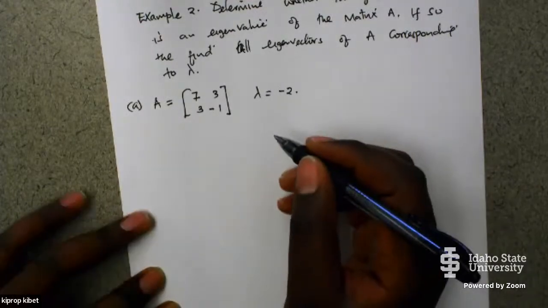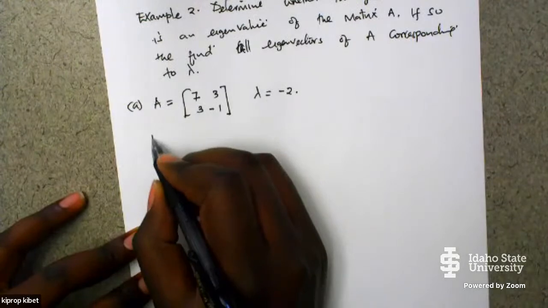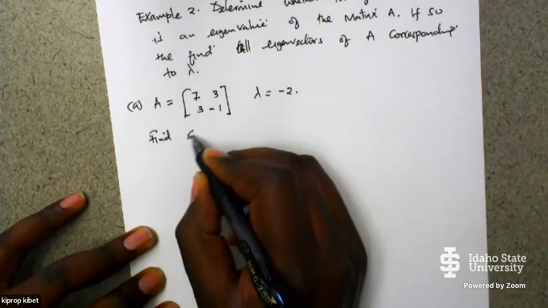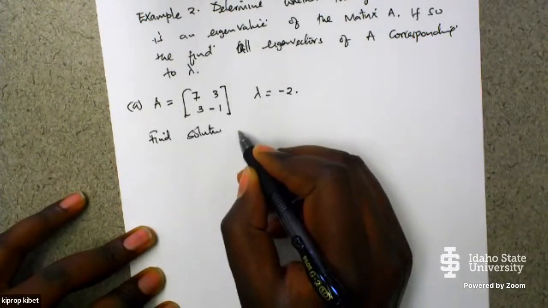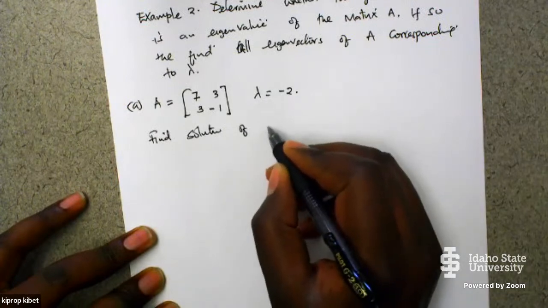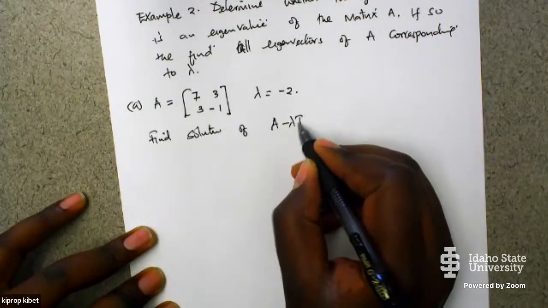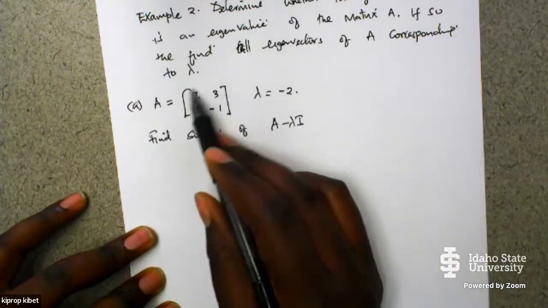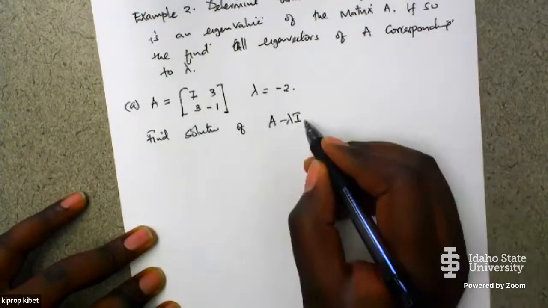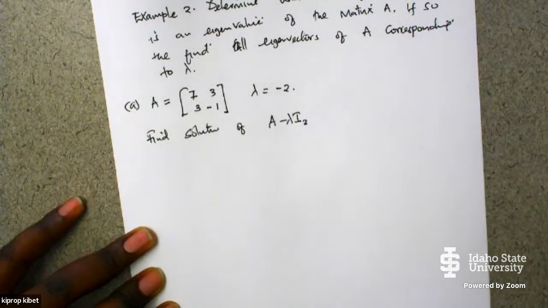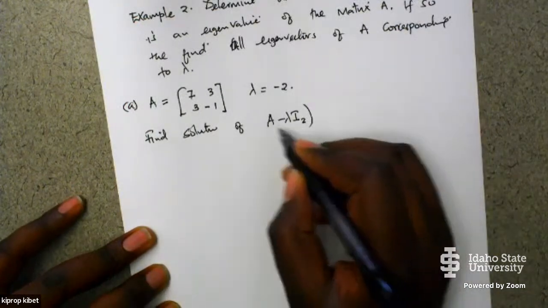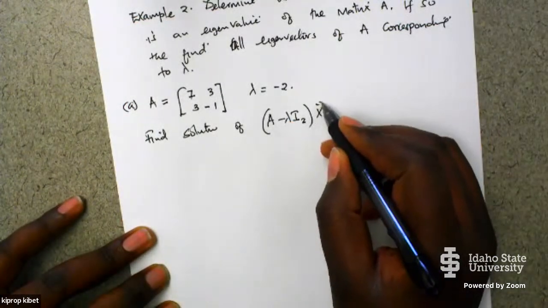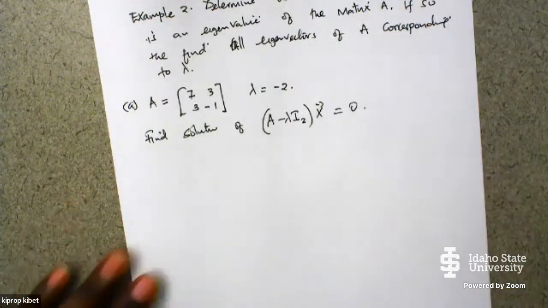So here, what we need is to find the solution of A minus lambda I. In this case, since this is a 2 by 2 matrix, we multiply lambda by the identity of a 2 by 2 matrix, and then x equals 0.